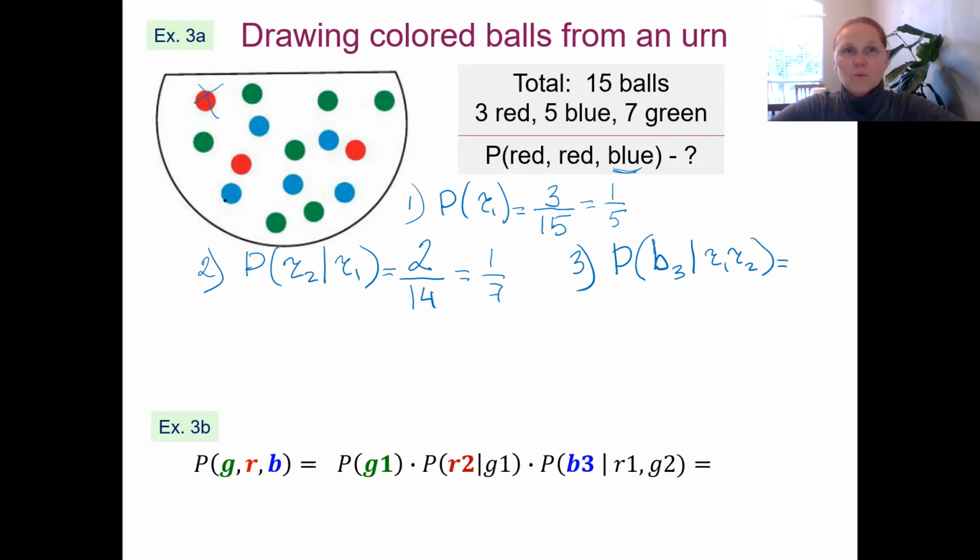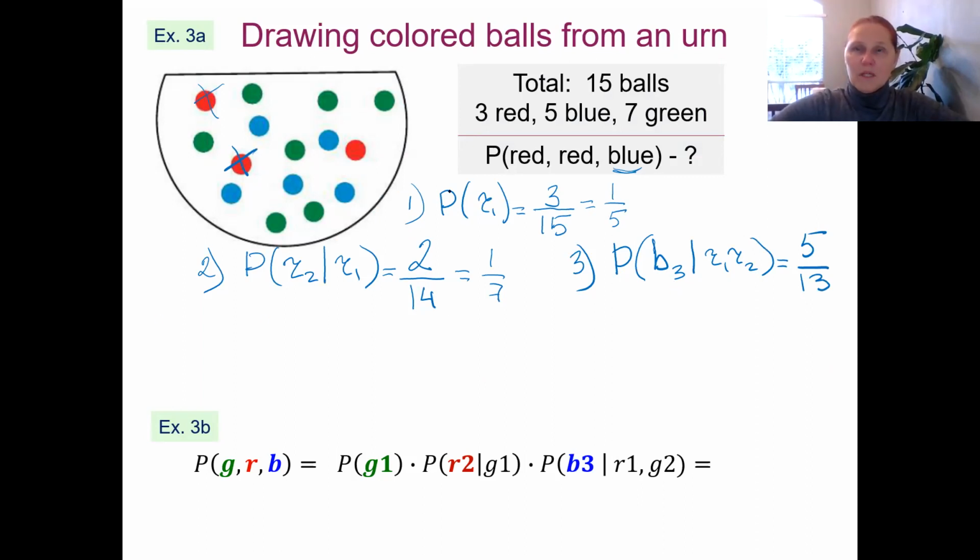So we have 5 blue balls, and the total number of balls in the urn is now 2 reds gone. So 15 minus 2, 13. 5 over 13 is the probability of getting the third blue ball.